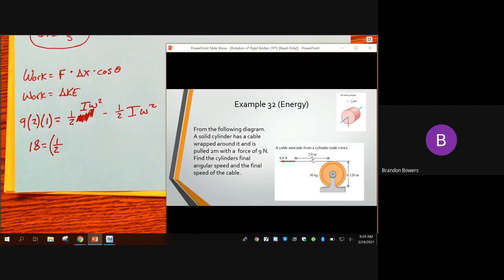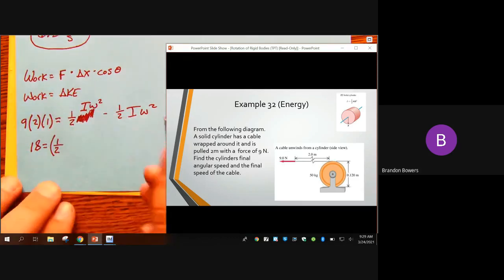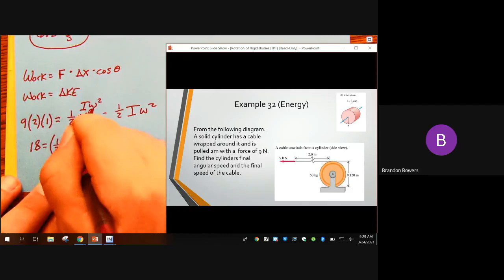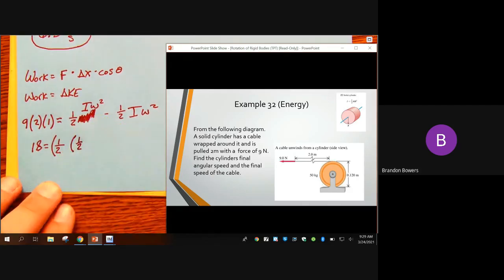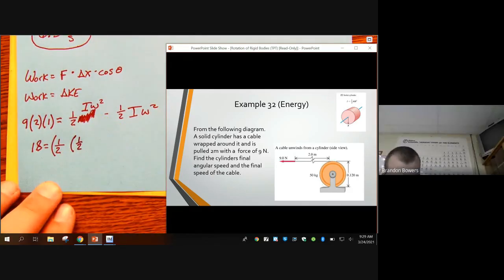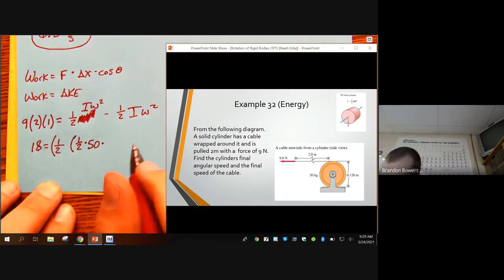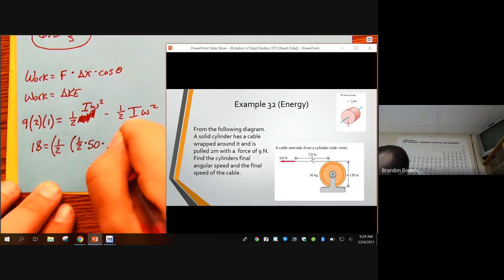We will work through our problems. 1/2 inertia. I know it's kind of hard to read in the top right problem. So I is actually 1/2 m, so mass. What's my mass? 50 times r squared, which is 0.06 squared.